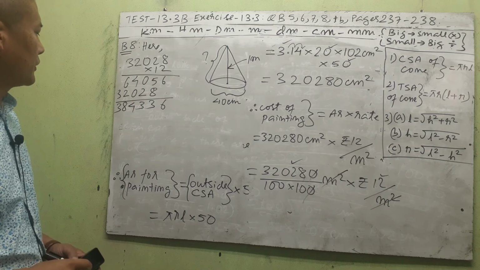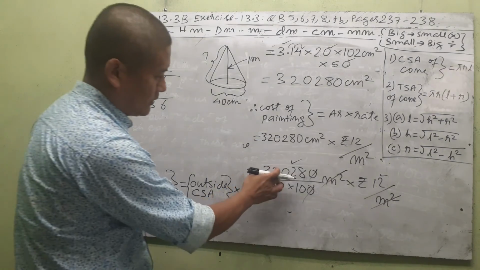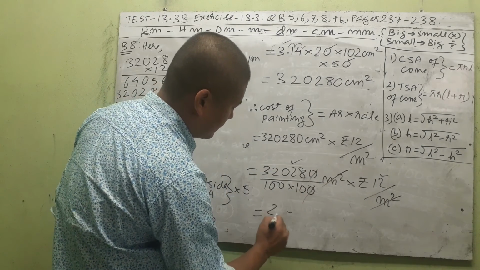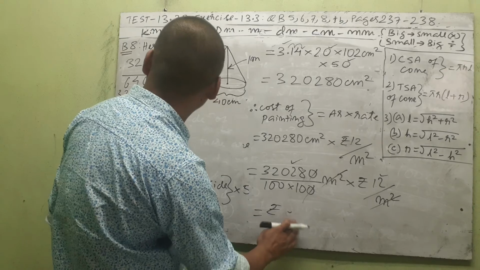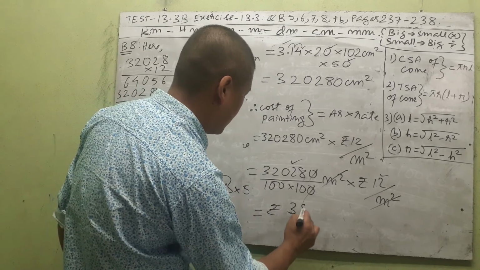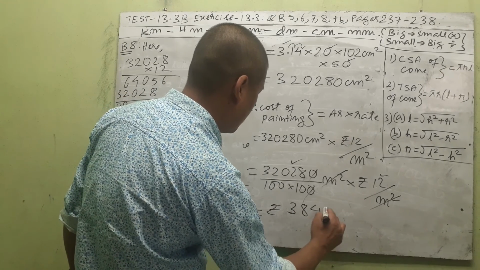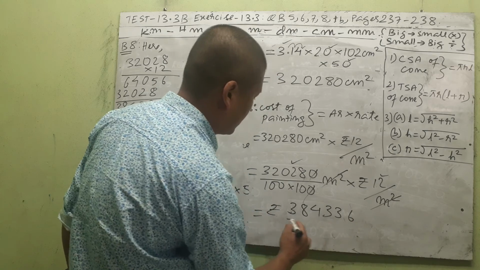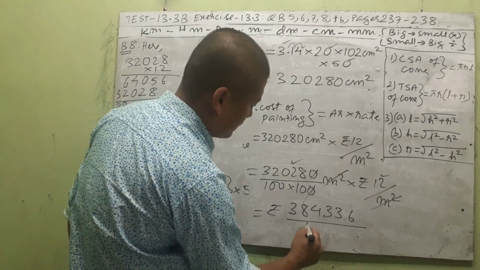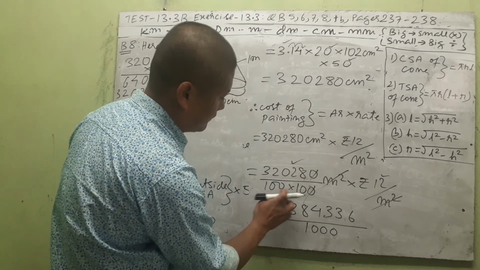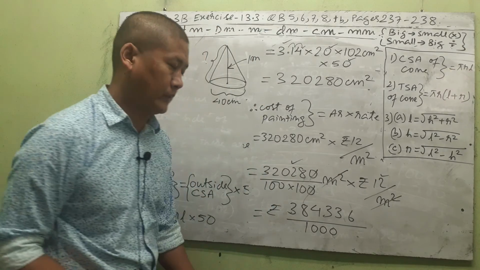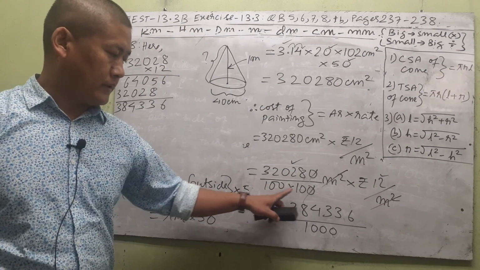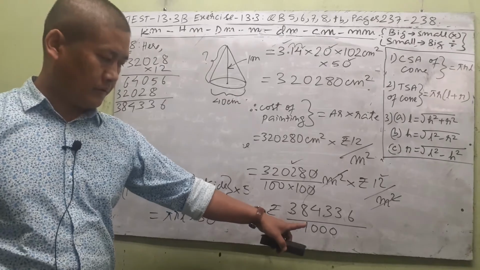So when you multiply this to this, you get 384336, divided by these 3 zeros, 1 2 3. As I said, we didn't cancel the zeros even if we could, because zeros are very easy to divide.